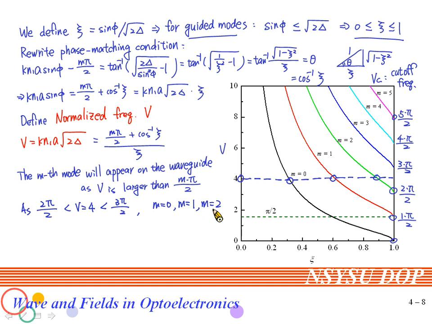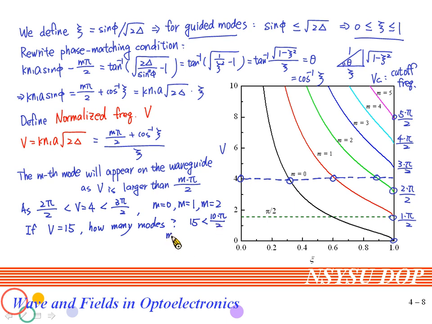So you can easily answer my question: if the normalized frequency is 15, how many modes are on this waveguide? It will be that 15 is smaller than 10 times pi divided by 2.